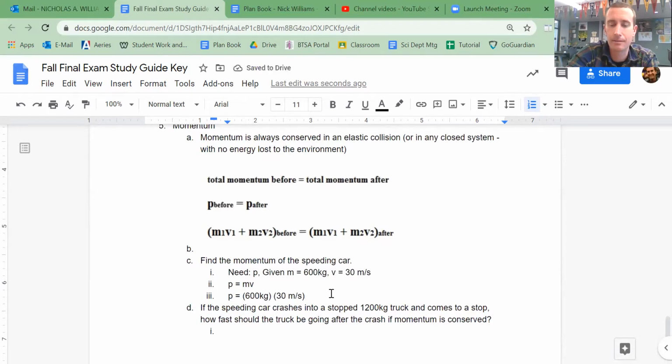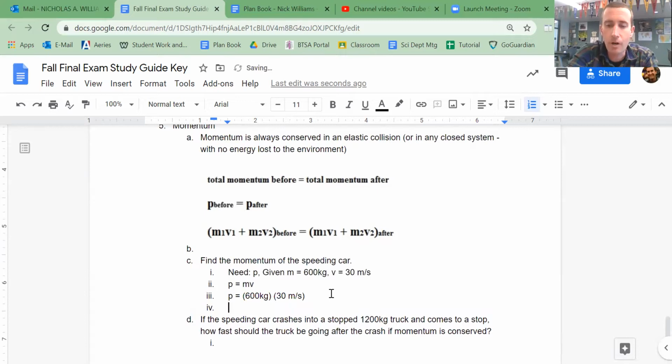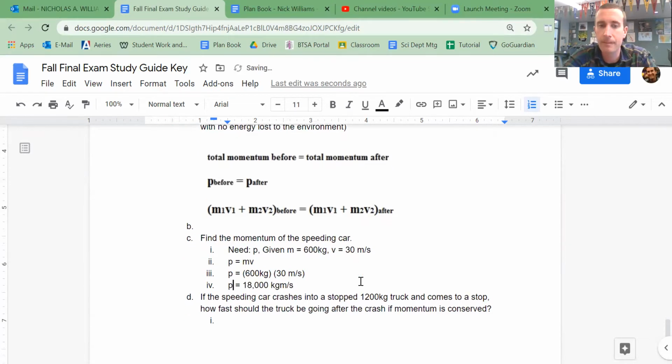Yeah, take that, computer. So that gives me my momentum equals 600 times 30, which is 18,000 kilograms meters per second. That's kilograms times meters divided by seconds, and that would be the momentum of my speeding car.